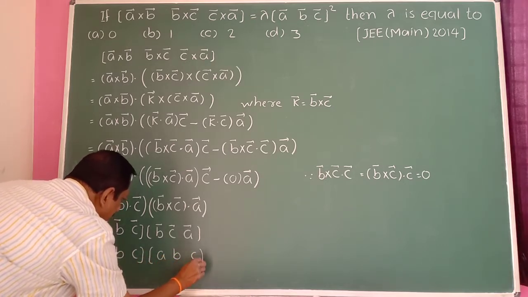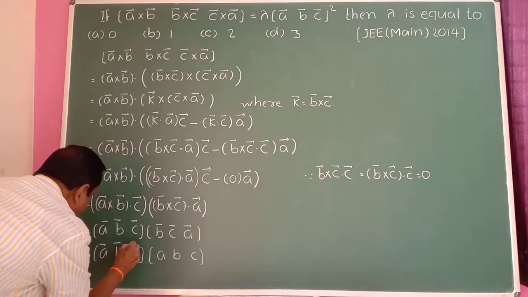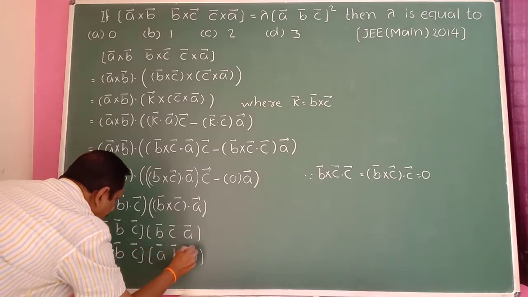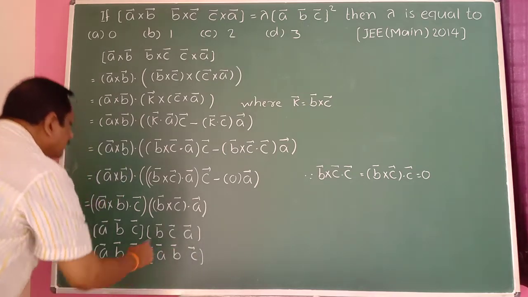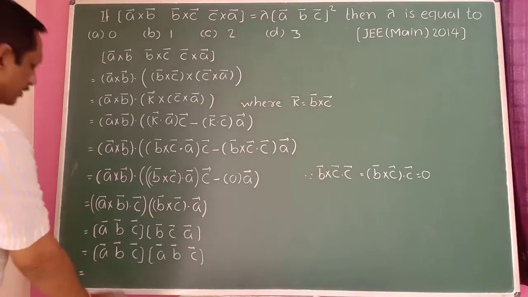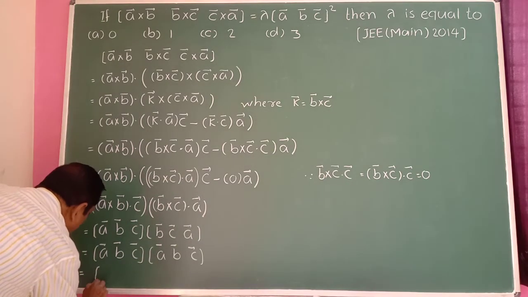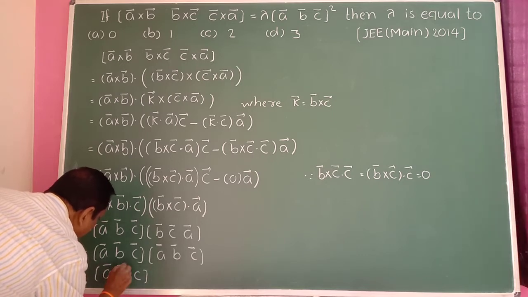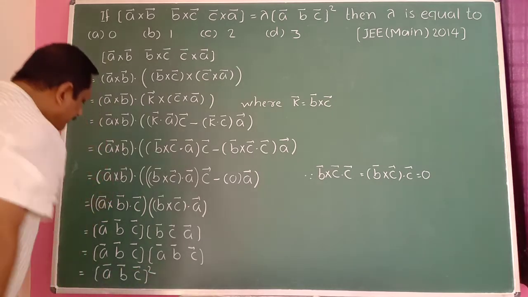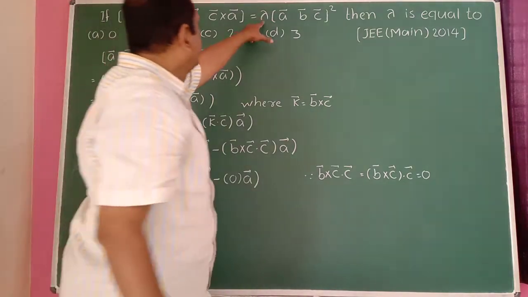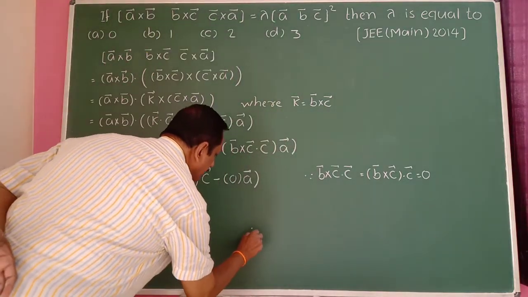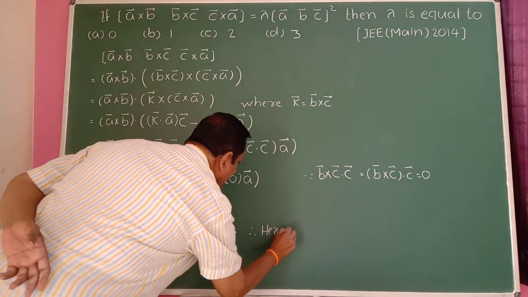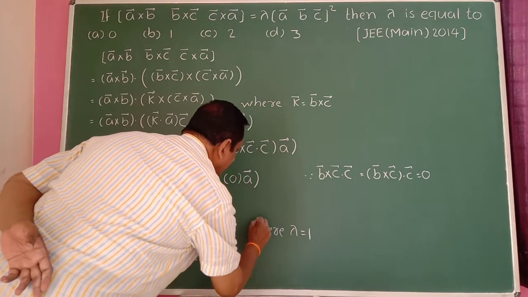Similarly, the scalar triple product ABC only, because if the cyclic order of vectors is changed, the value remains the same. So the product of these two gives the scalar triple product of A bar, B bar, C bar squared. Therefore comparing this with this result, lambda is equal to 1.